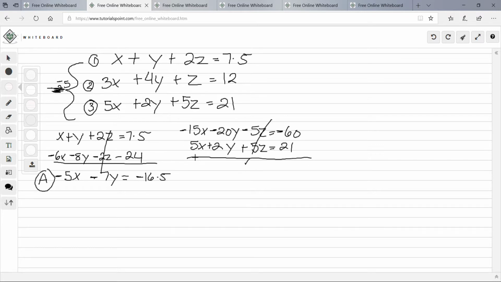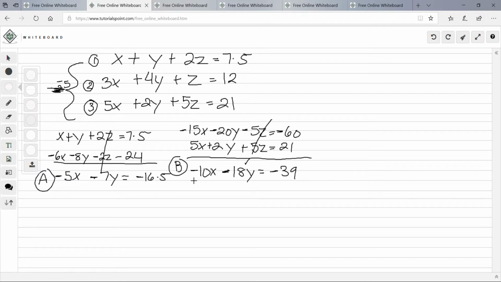So you're left with -10x, sorry, -10x, -20 plus 2y is -18y, equals -60 plus 21 is -39. And then we can label this equation B.